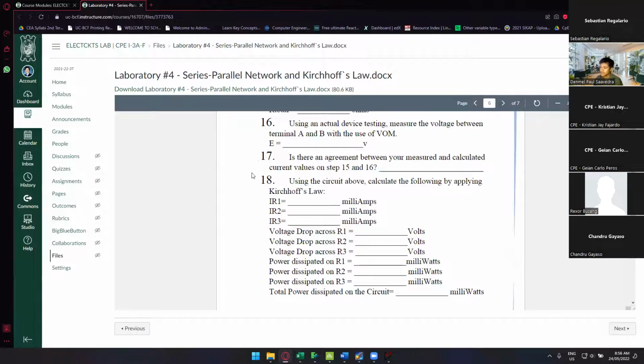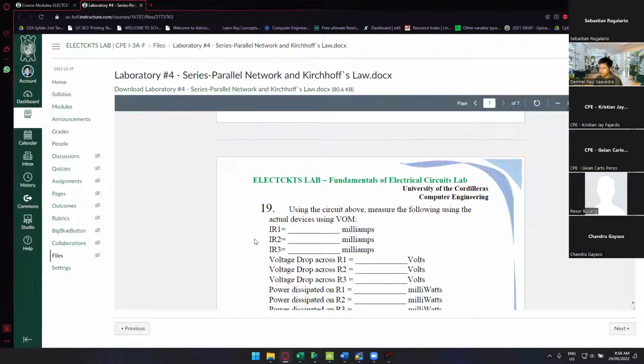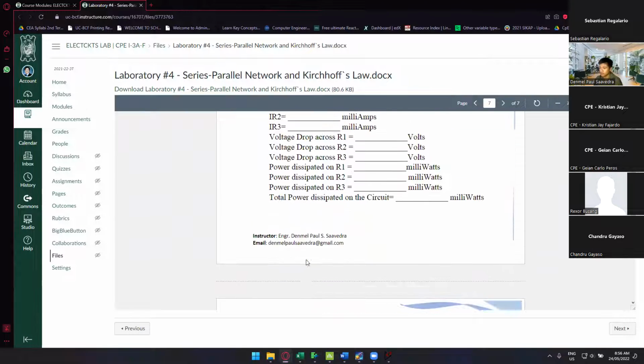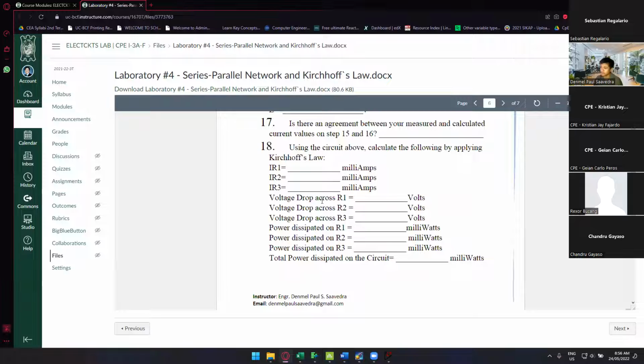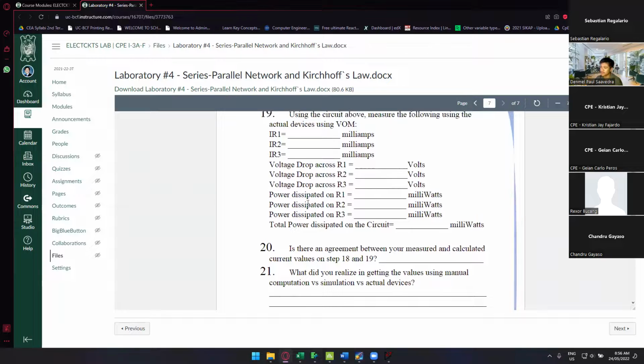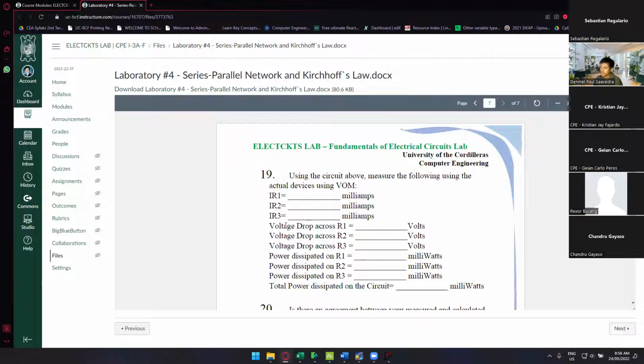Just skip 17 to 19 because I think this is not possible to measure using an actual device, especially since the circuitry is kind of hard to check. Let's see, the voltage drop across R1. You cannot check that one using a DMM. Okay, well, I think it's possible.